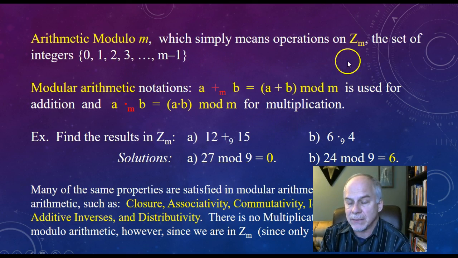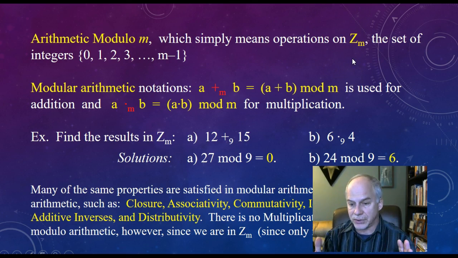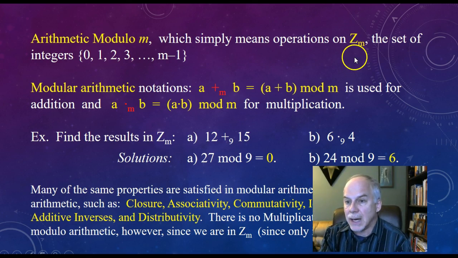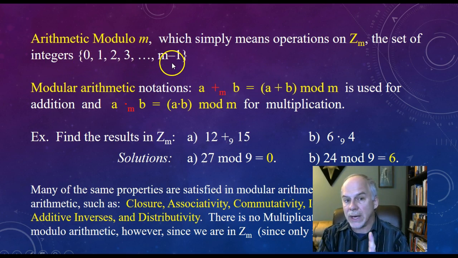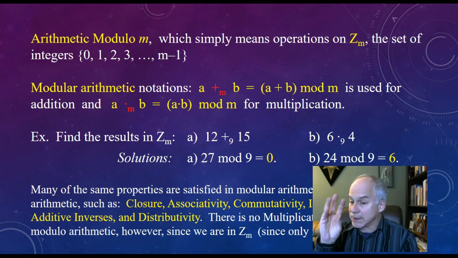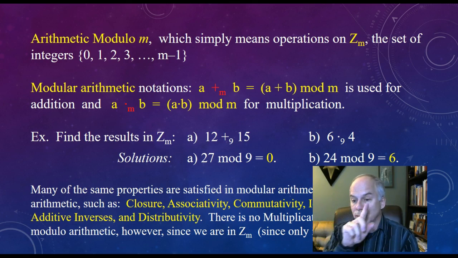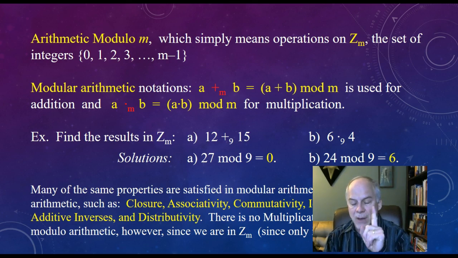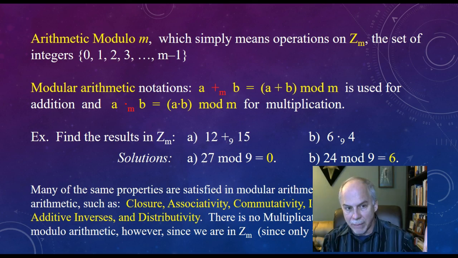But let's get the basics of this modular arithmetic first of all. So what this is, it's doing operations on a subset of the integers, of the positive integers, and it's Z_m. Now Z_m is the set of integers from 0 all the way up to m minus 1. Okay, so if your mod is 7, it would be arithmetic involving just the integers 0, 1, 2, 3, 4, 5, 6, all the way up to one less than whatever the mod is.